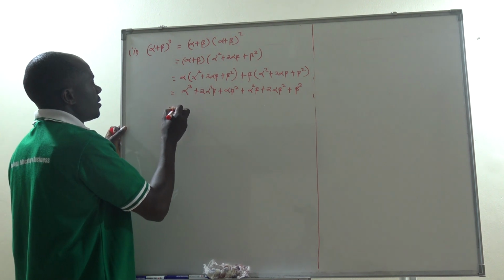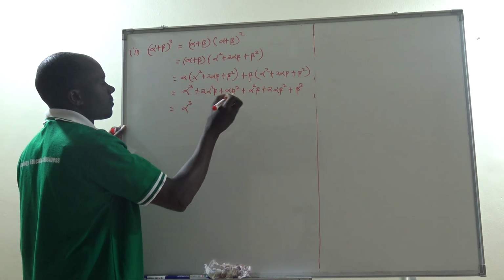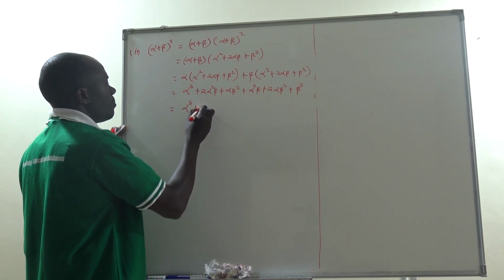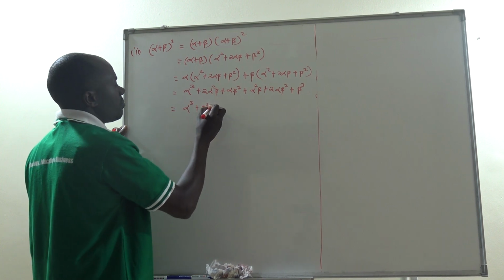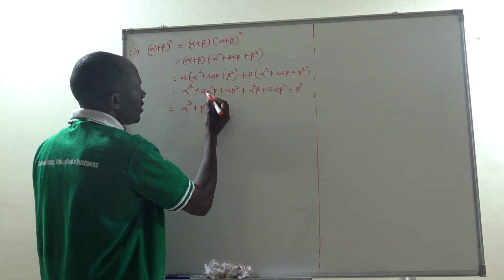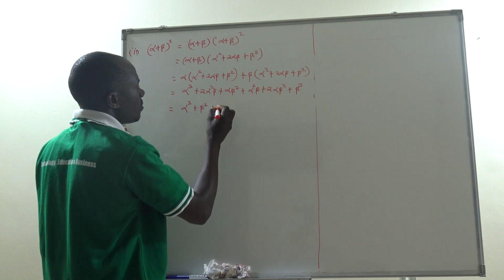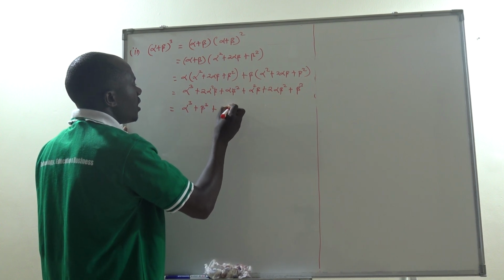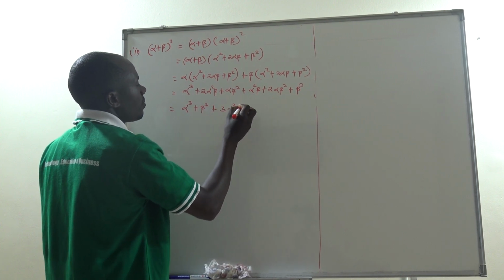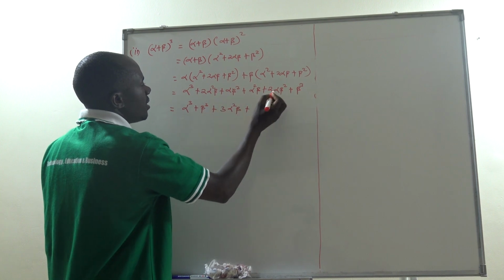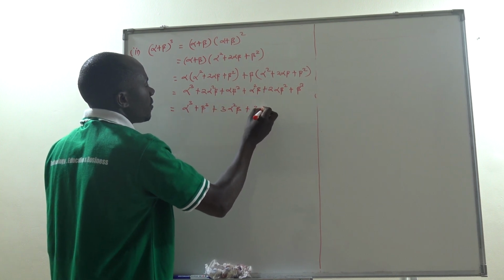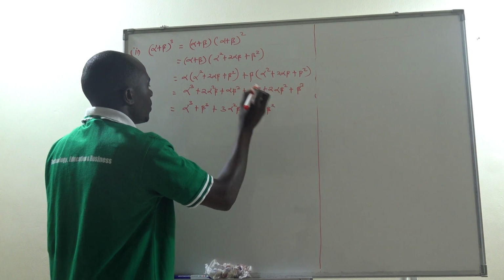So this becomes alpha cubed plus beta cubed plus, this one can be added with this, we come out with 3 alpha squared beta, plus, this can be added with that, also come with 3 alpha beta squared.